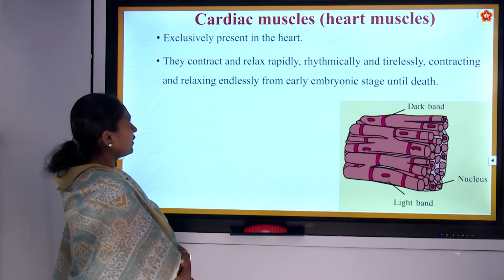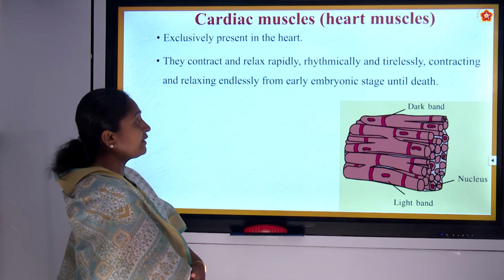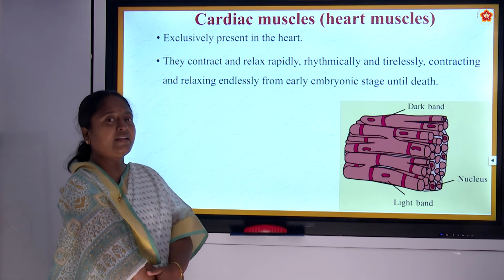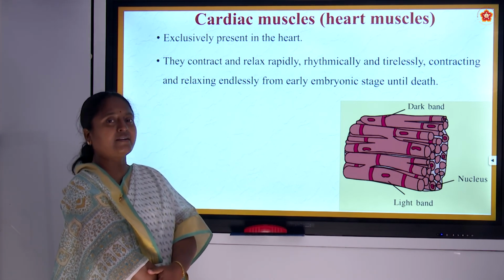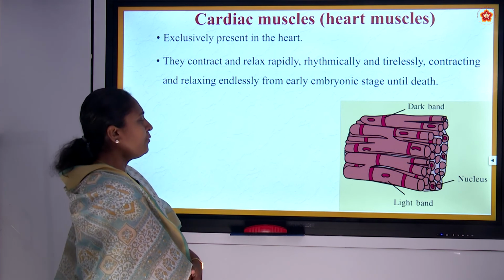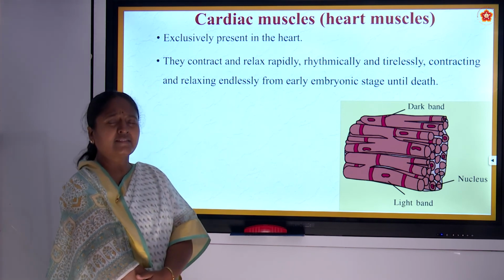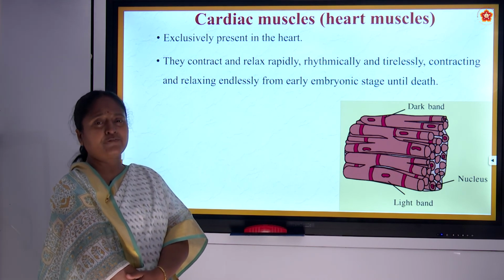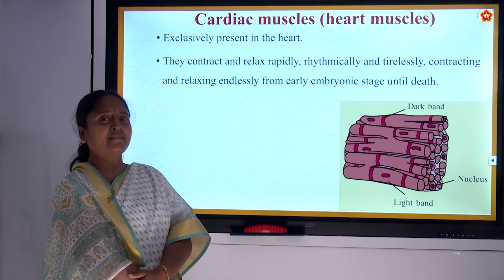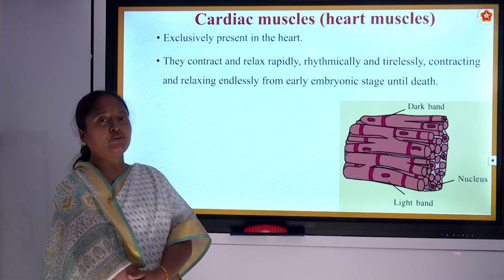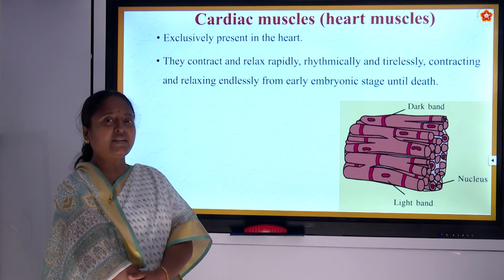They contract and relax very rapidly, right? In a minute, we can see 70, 72 times the heart is beating, right? So how long is it doing that? When we were inside our mother's body, as a fetus, that time itself the heart started pulsating. And till our death, it is going to work, not having a rest at all.